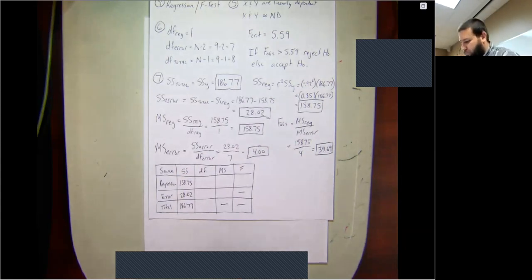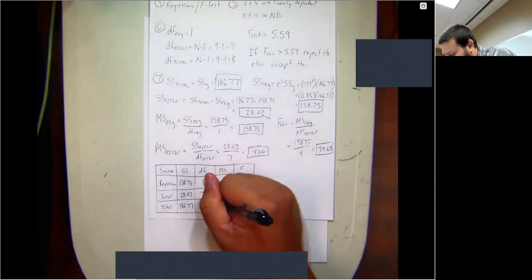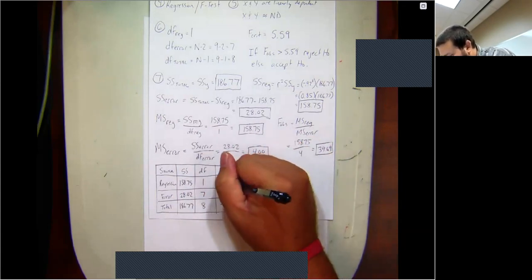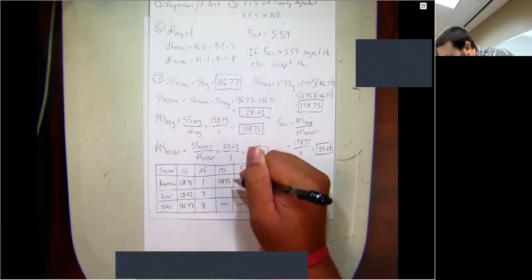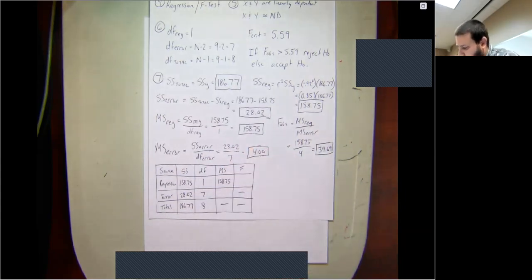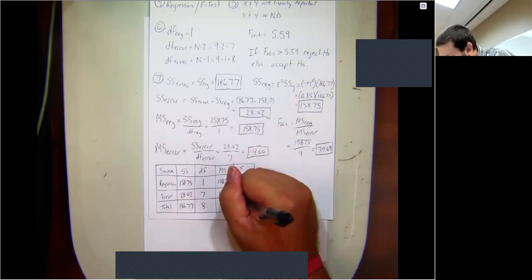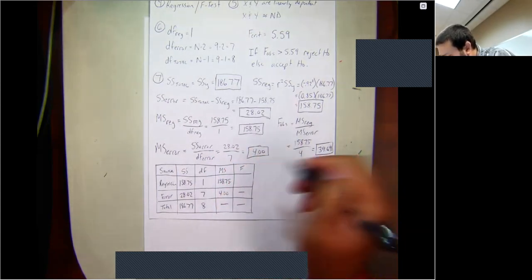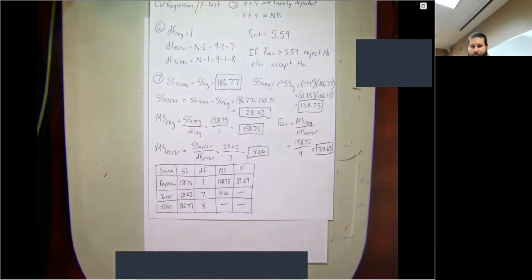Degrees of freedom, regression is always 1. Error is 7 this time. Total is 8. Mean square regression is the same as sums of squares regression, 158.75. Mean square error, we calculated to be 4. And our F observed was 39.69. So we put that in there.